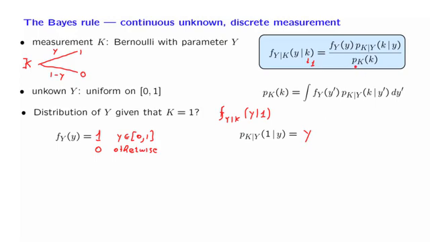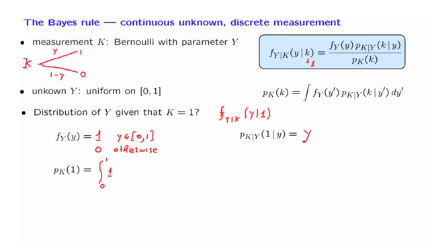The next term that we need is the denominator. We will use this formula. It is the integral of the density of y, which is equal to 1 only on the range from 0 to 1, times this probability that k takes a certain value. In this case, we're dealing with a value of 1, so here we're going to put a 1 instead of k.